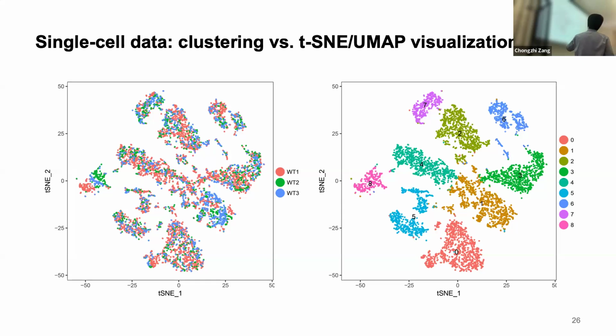Yeah, again, regarding the axis, the short answer is that you don't want to read more into the axis. It doesn't really mean anything. And in many papers nowadays, they don't even label the axis with numbers, but just show t-SNE1, t-SNE2, or UMAP1, UMAP2. It's also a way to tell you that the coordinates for the axis don't really mean anything. It's just a way of better visualizing the data.